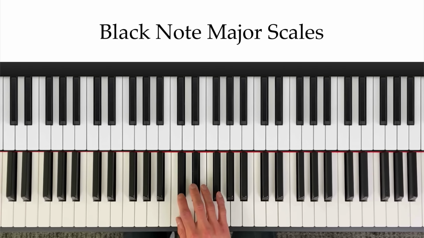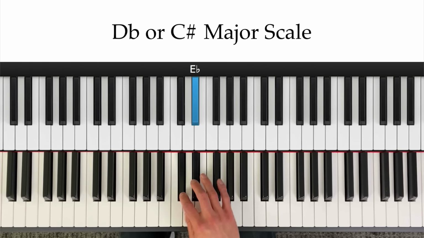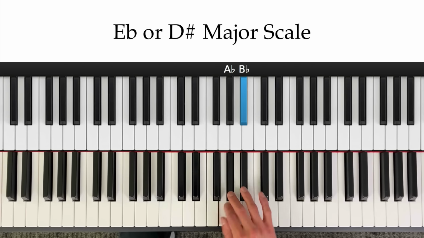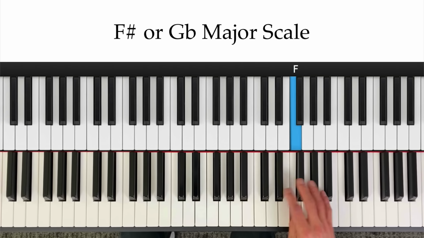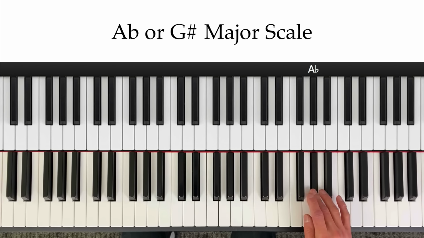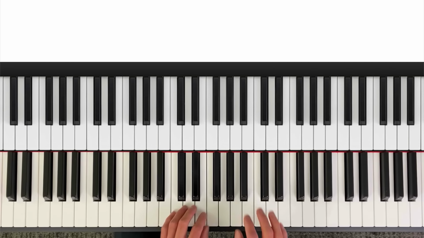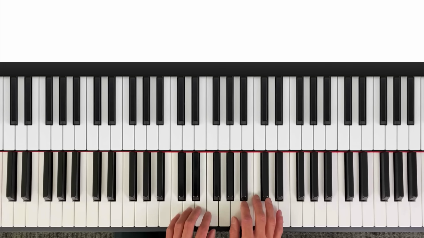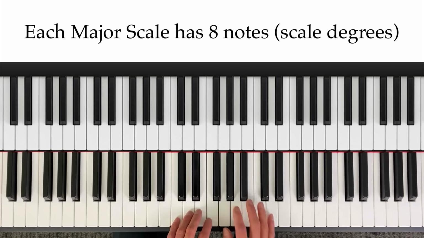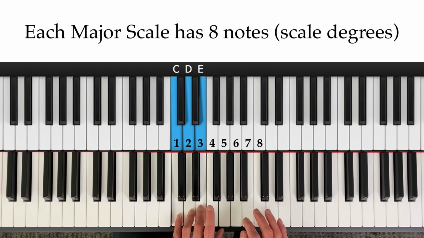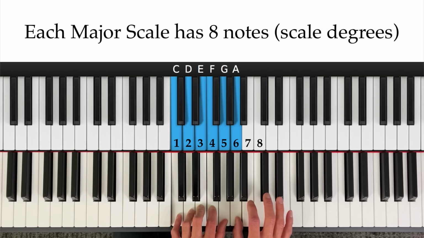And then here are the 5 major scales starting on a black note. Each of those scales is spaced out the same way with that major scale formula, and each of those scales has 8 notes, 8 scale degrees. 1, 2, 3, 4, 5, 6, 7, 8.